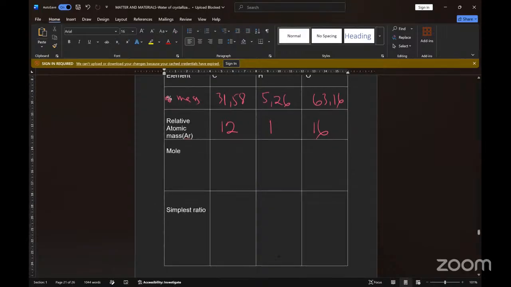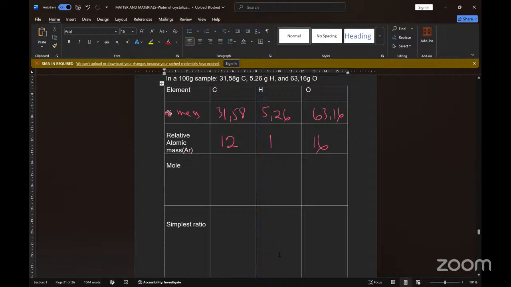So we come to number of moles. The number of moles is mass divided by molar mass. So the mass is 31,58 divided by, in this case not molar mass, but atomic mass, because we are dealing with atoms. This one is going to be 5,26 divided by 1.